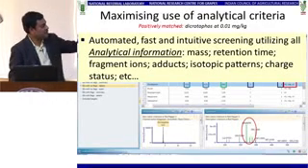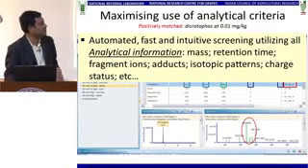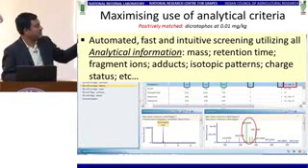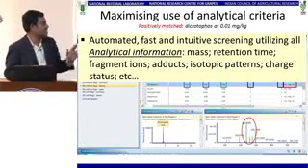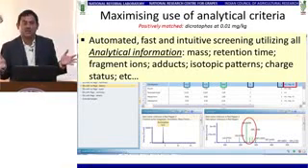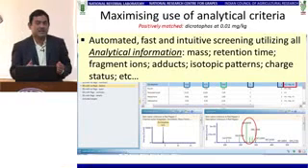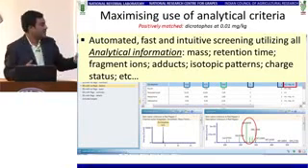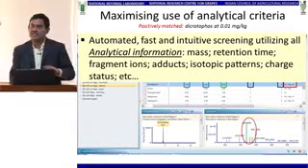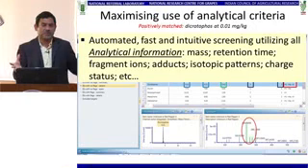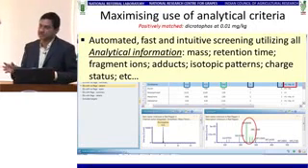So you analyze a sample, and you get information about its mass, its retention time, characteristic fragment ions, then isotopic pattern, which is very important, that if you have a specific isotope, how they are distributed. Then charge state, all these things. It's a huge gamut of information based on which you can say that this compound is present or absent.